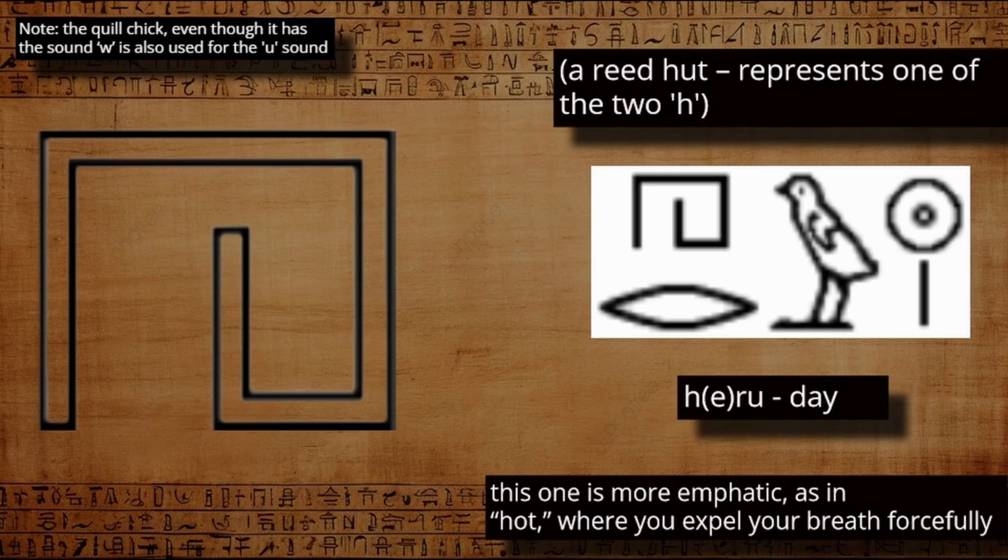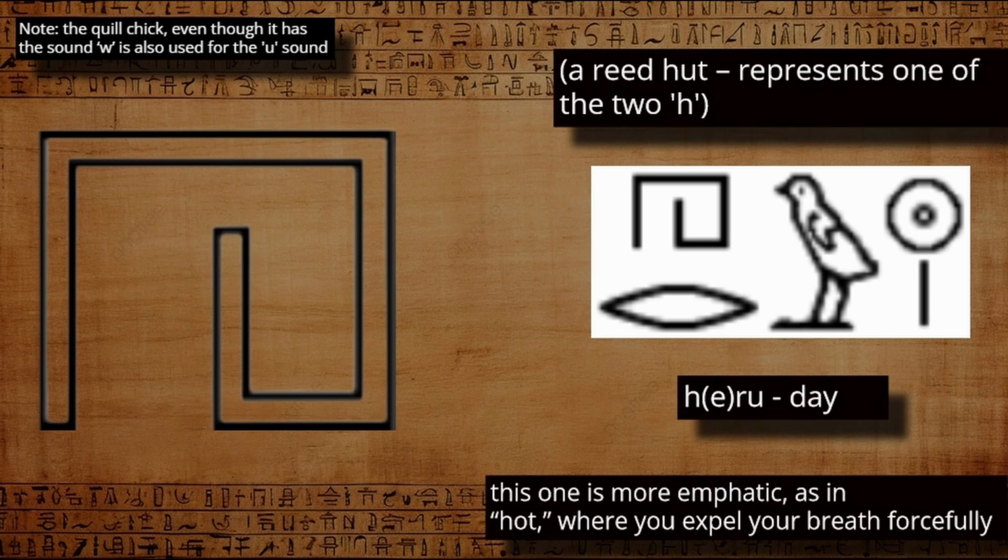For example, in the word heru, meaning day, the sun ideogram points us toward the context. In this case, daytime in the desert, when the sun dominates the sky. These silent ideograms aren't just decoration, even though they look really pretty. They are essential clues.